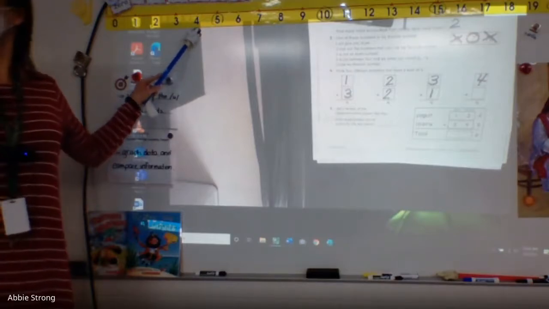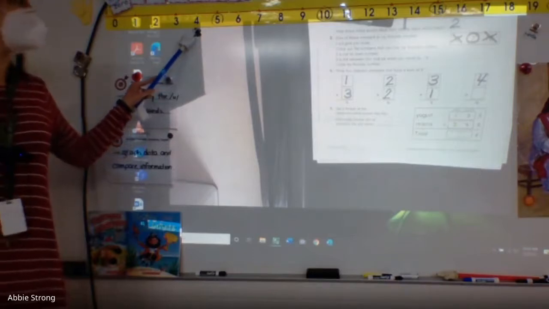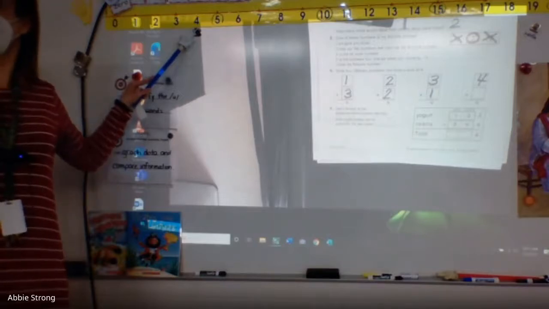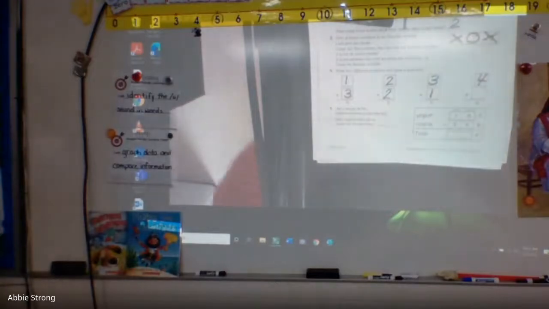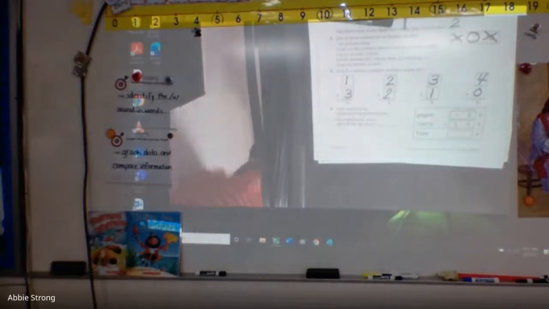We can't go past 4. We have to stay on 4. How many hops are we going to take to stay on 4? Mia? 0. Good girl. That was awesome. You are totally in sync with where I was thinking. 4 plus 0 equals 4.